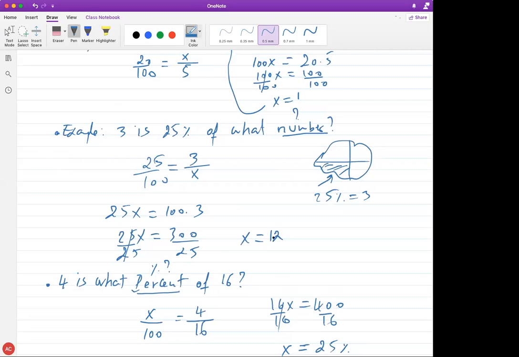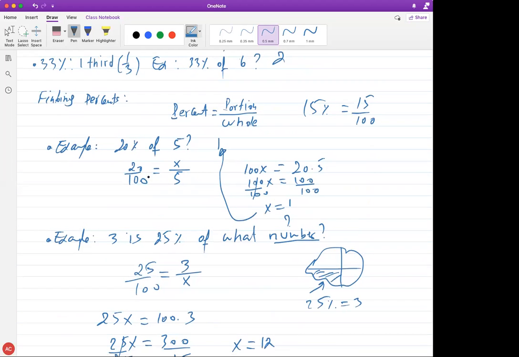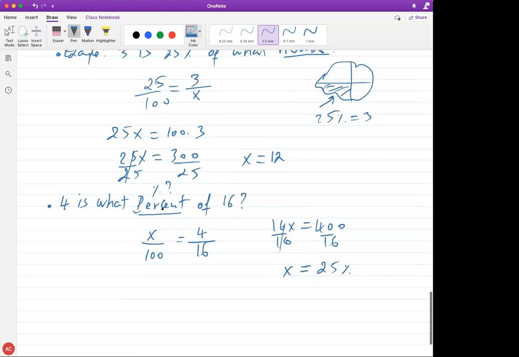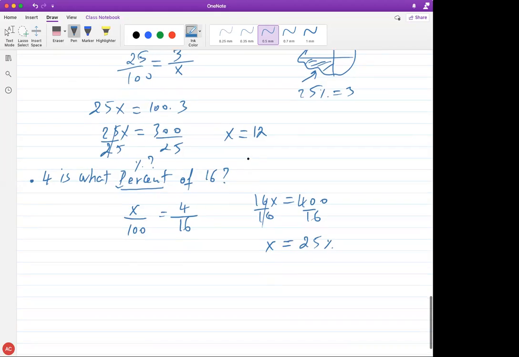Not here. Here, it's not a percent. We were looking for the whole number. We had the percent, just 12 without the percentage sign. Same thing here. We were looking for the portion. That's why the answer is 1, not a percent. But if we're looking for a percent, we have to add that percentage sign to the answer.